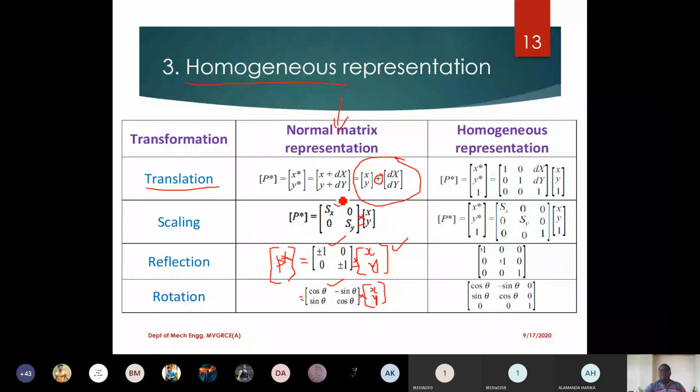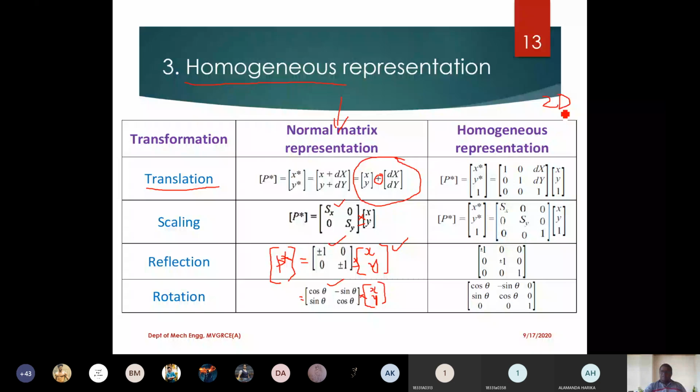Even though we are talking about 2D, we are still talking about two-dimensional transformations only. Even for two-dimensional transformation, all the transformation matrices would be of 3 by 3 order.